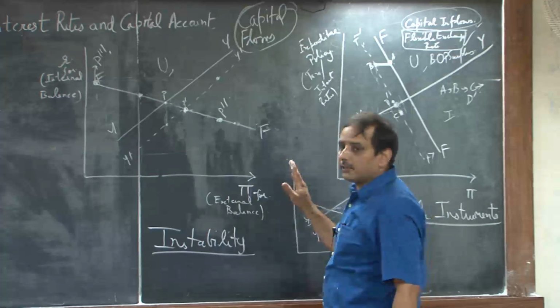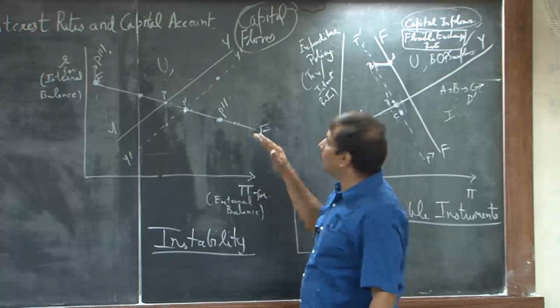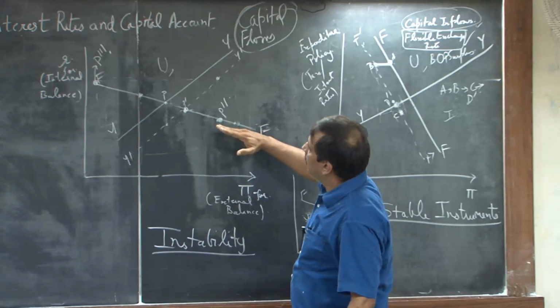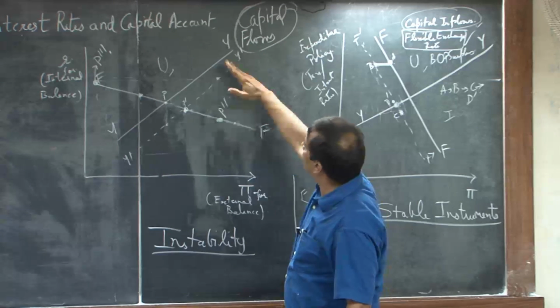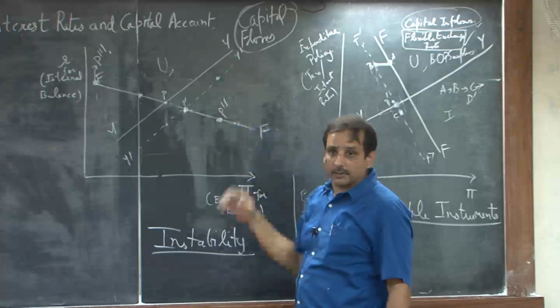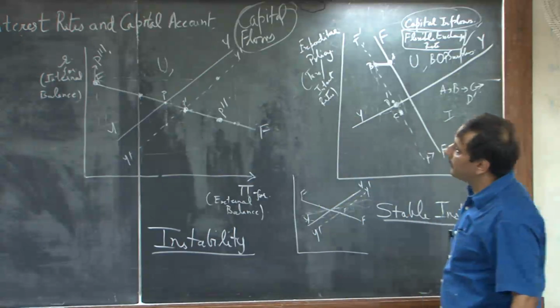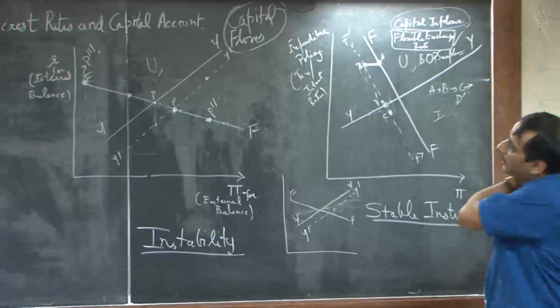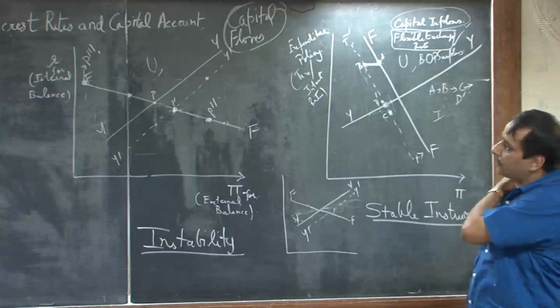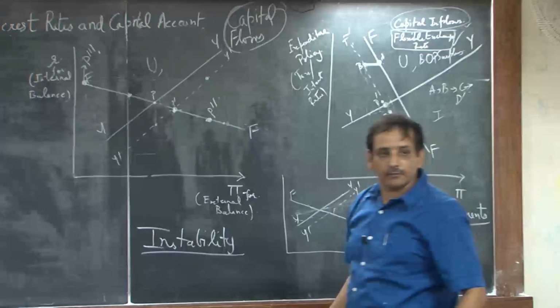So let's derive the equations, because we need to compare the slope of the FF and the YY curves here, and then we will show a case where you would have the stable set of instruments in the wake of the capital flows.